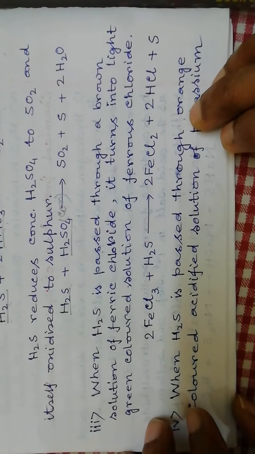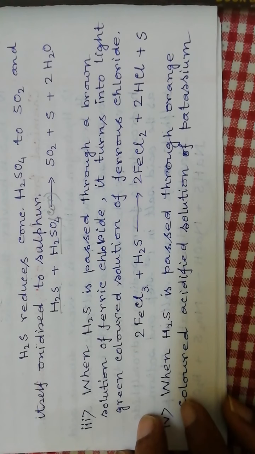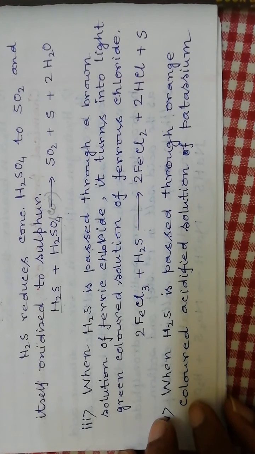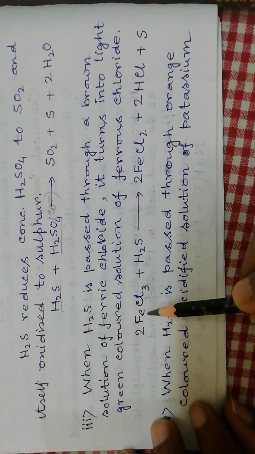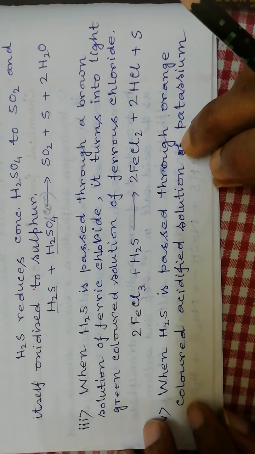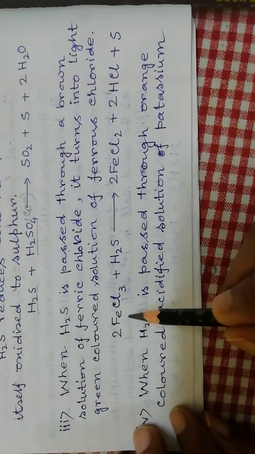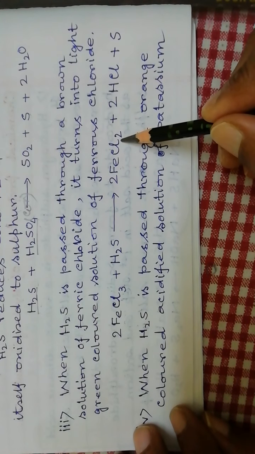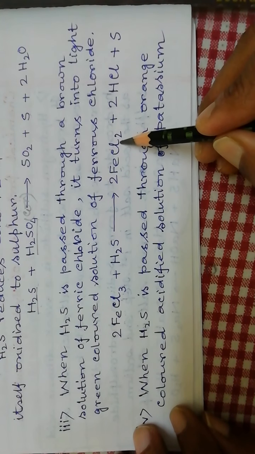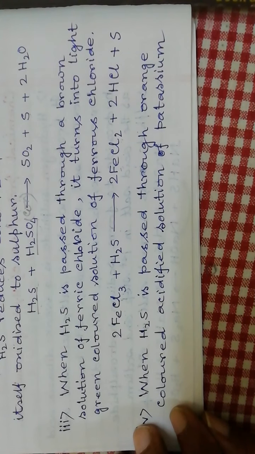Now the very important question is, when H2S is passed through ferric chloride solution, then what happens? The color of ferric chloride is brown. When H2S is passed through that ferric chloride solution, ferric chloride is reduced to ferrous chloride, and the color of ferrous chloride is green.